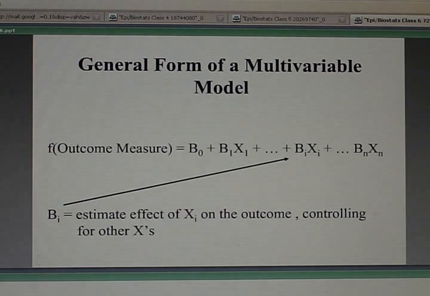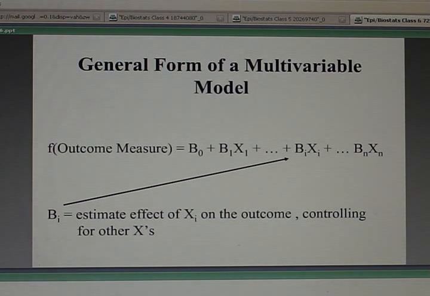Different types of outcomes have different types of regression models. And so what's on the left-hand side is some function, that's what F means, of the outcome. It might be the risk of developing the main outcome category of interest if you have a binary outcome. It might be the average if you have a continuous outcome.